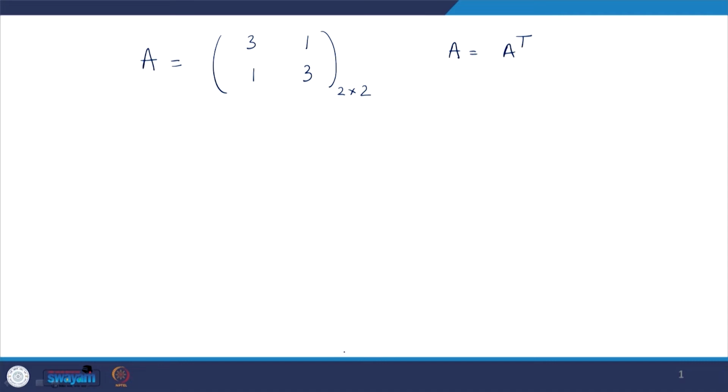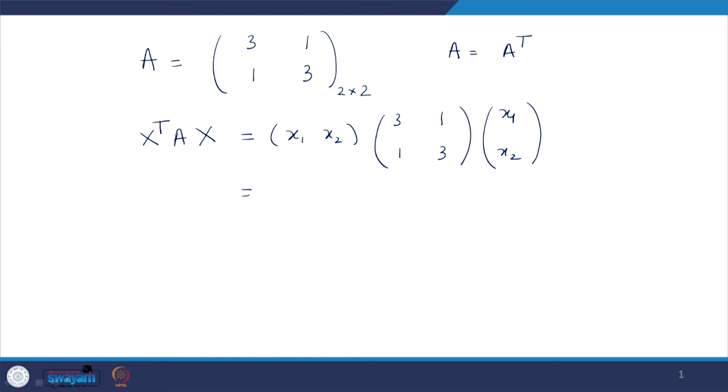Now, to check whether this matrix is positive semi definite, negative semi definite, positive definite or negative definite, we find x transpose A x. This is a 2 cross 2 matrix, so it will involve 2 components x 1 and x 2. A is 3 1 1 3 and this is x 1 x 2.